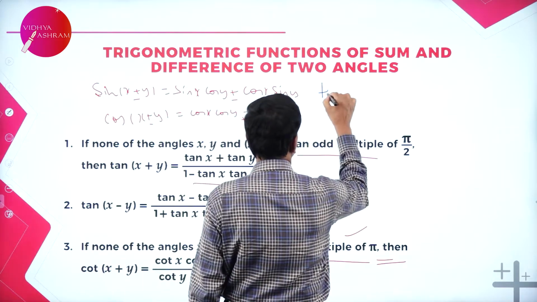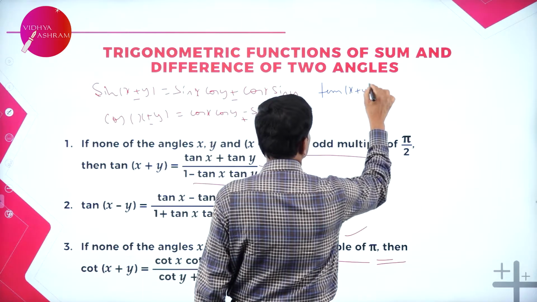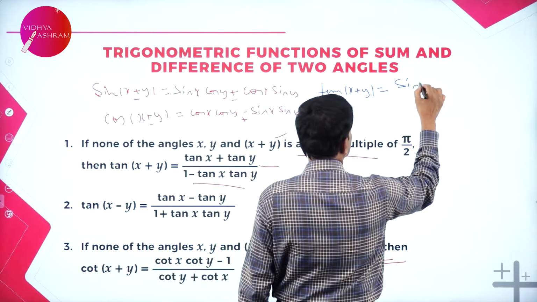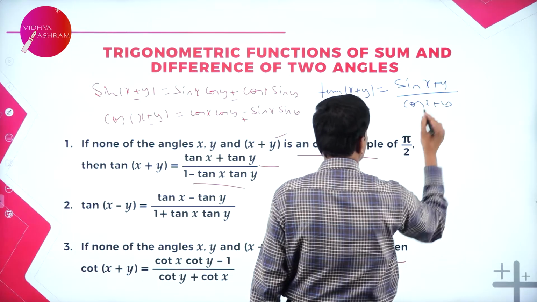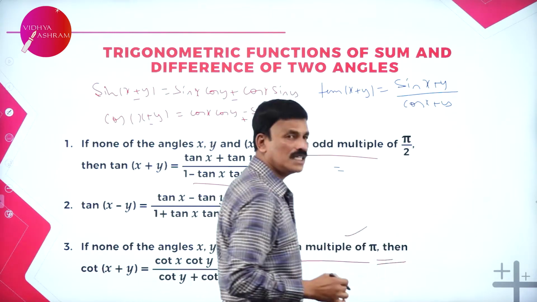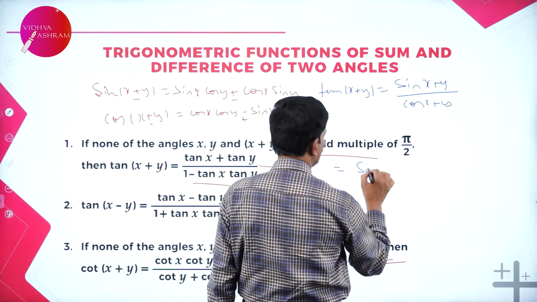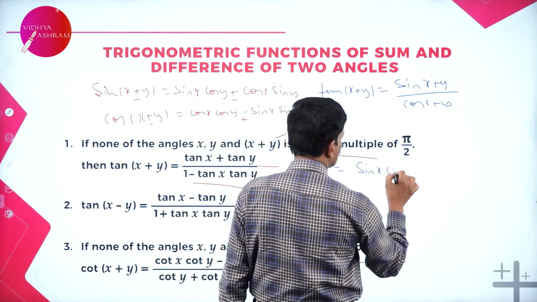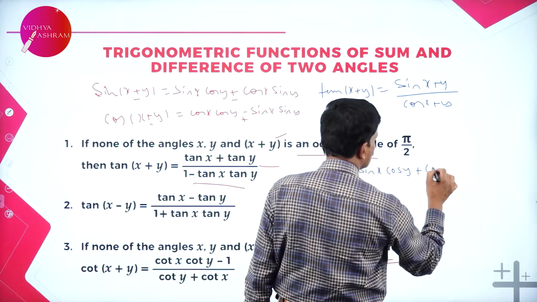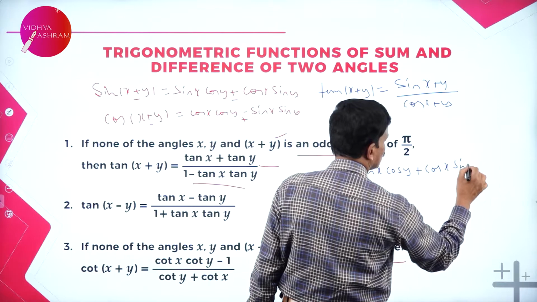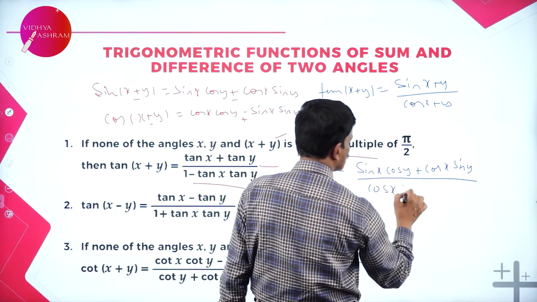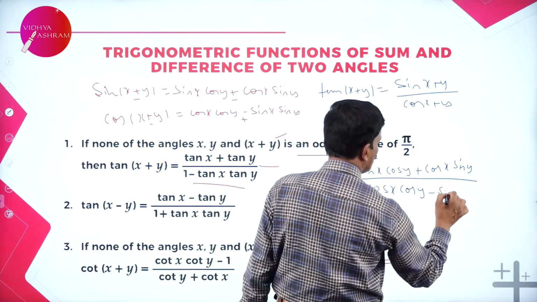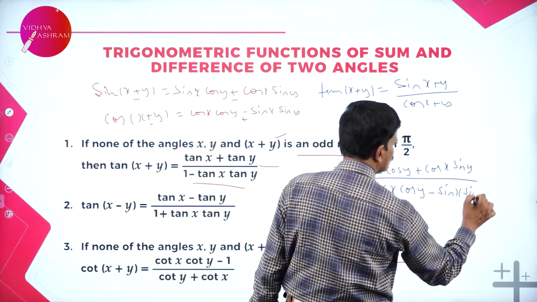Now let us consider tan x plus y. Tan x plus y can be written as sin x plus y divided by cos x plus y. Now what is the formula for sin x plus y? Sin x plus y is equal to sin x cos y plus cos x sin y, divided by cos x plus y, which is equal to cos x cos y minus sin x into sin y.